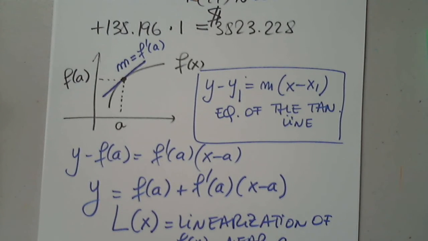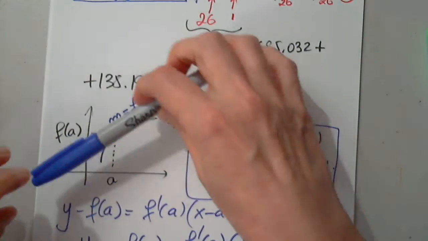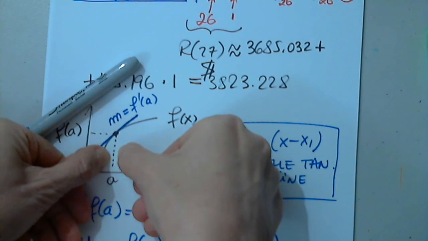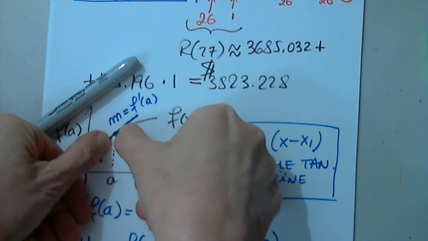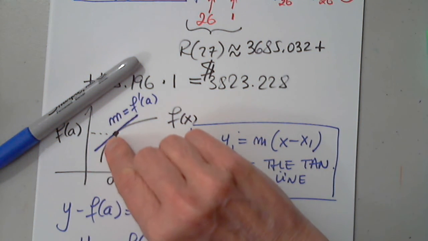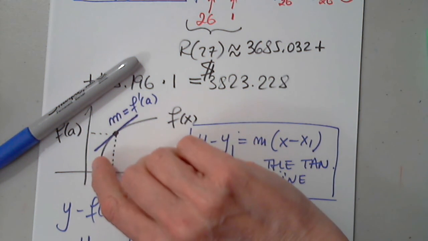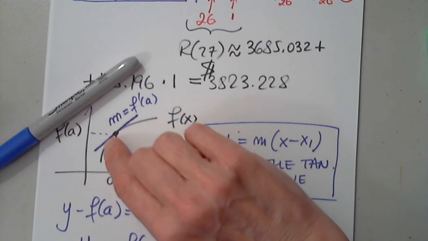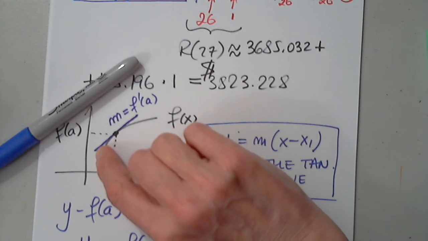Again, what does this mean? That was a brilliant question from 5 minutes ago. So it says that near a, if I want to evaluate the function, I can estimate that using the equation of the line.